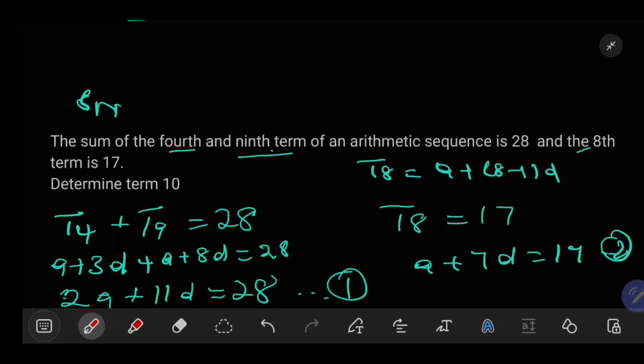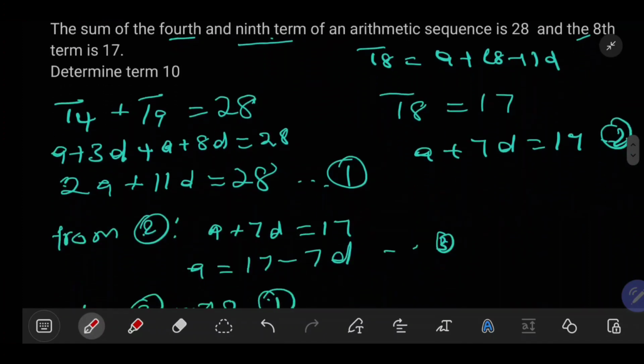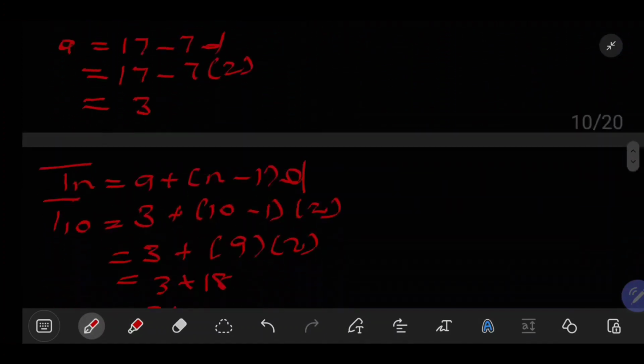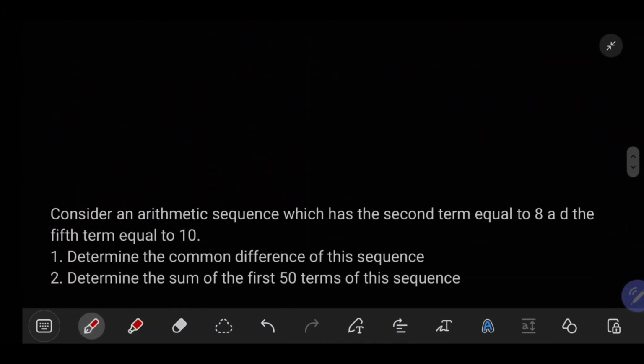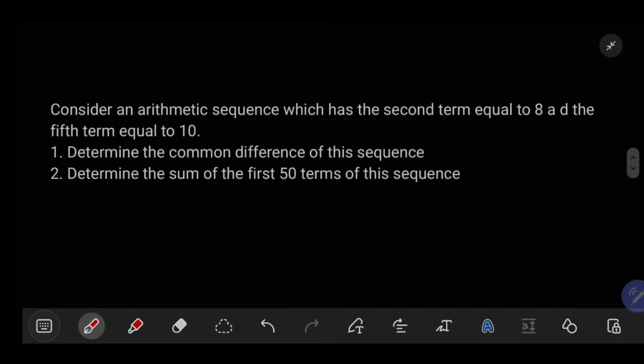Okay, so I think we can check on the last example for this arithmetic sequence so that we can move to another concept. Consider an arithmetic sequence which has the second term equal to 8 and the fifth term equal to 10.